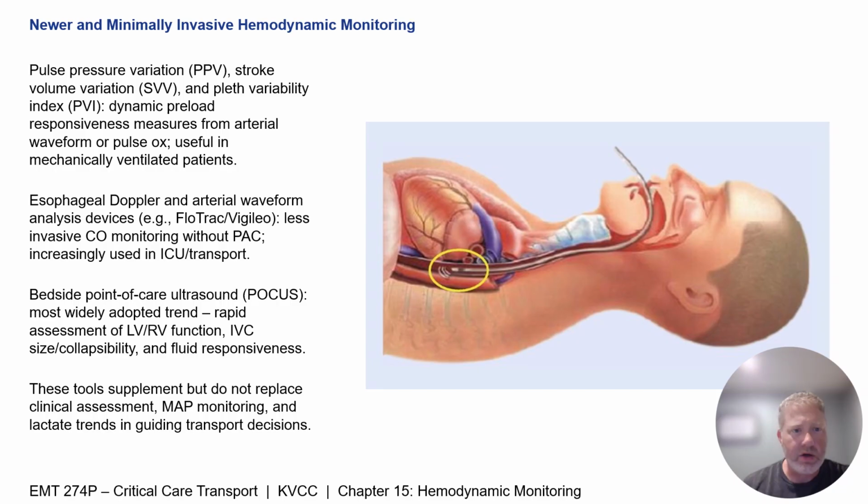Ultrasound provides a rapid bedside assessment of ventricular function and volume status and some causes of obstructive shock. Arterial waveform analysis devices are pretty neat. They can estimate cardiac output continuously from existing lines. These tools can supplement, but they don't replace your clinical assessment, the MAP monitoring, lactate trends, and all of the other things that make up the clinical picture for a critical care patient in transport.